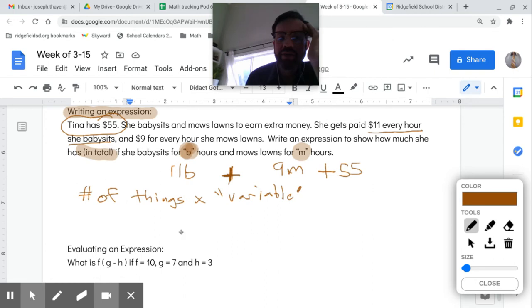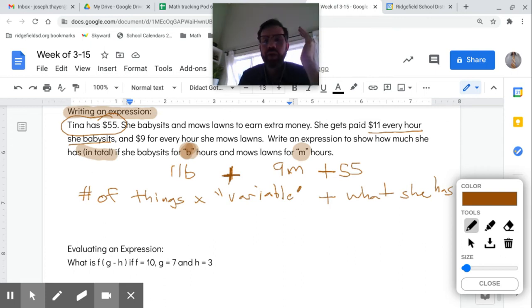So it's $11 times the variable B plus what she has. So it's $11 times the variable. It's $9 times the variable plus what she has already. Okay? So that's how we write an algebraic expression.